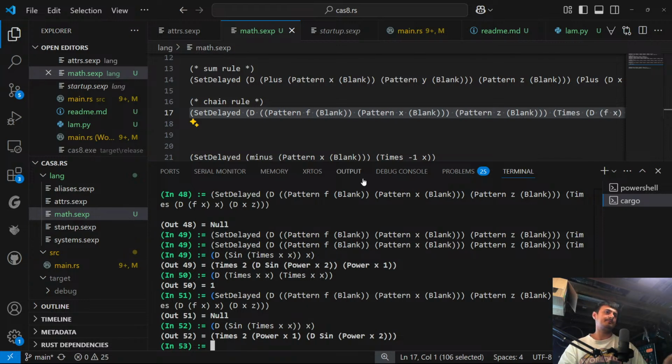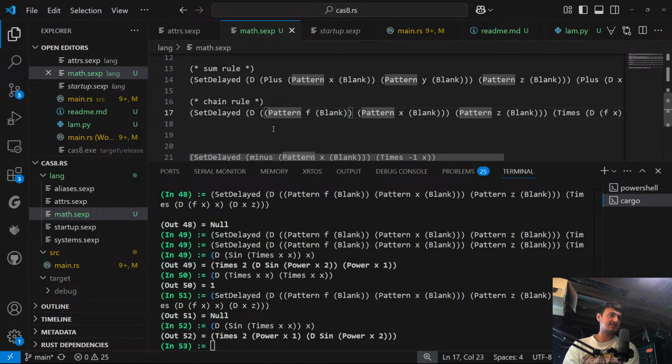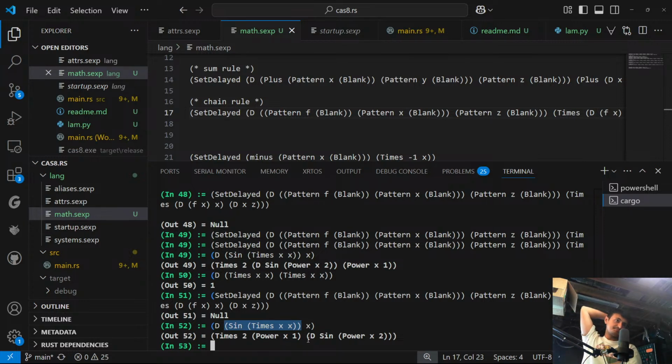So, okay, wait. F is the symbol. Oh, wait. I think I see what's going on. Because the problem is F. First off, it's crazy that this is matching. I feel like this shouldn't.